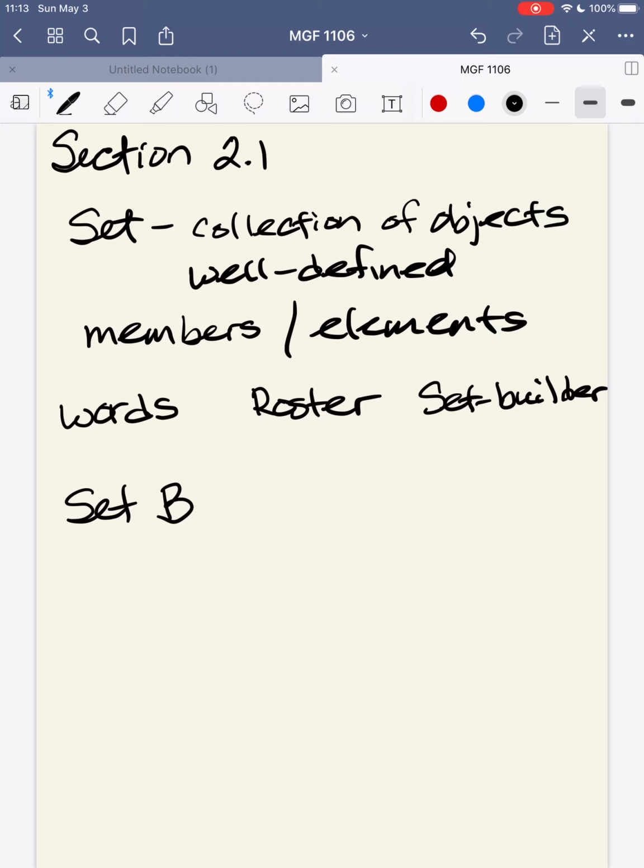Let's talk about my elements. What kind of elements would I like to have here? How about days of the week? Because that's very well defined.